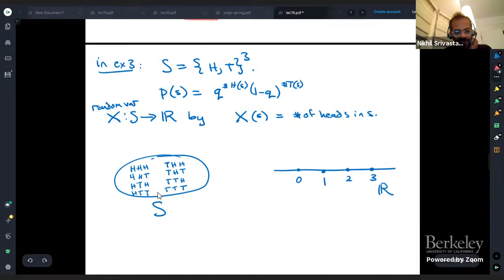So this HHH is going to get mapped to, I guess, 3. TTT is going to get mapped to 0.